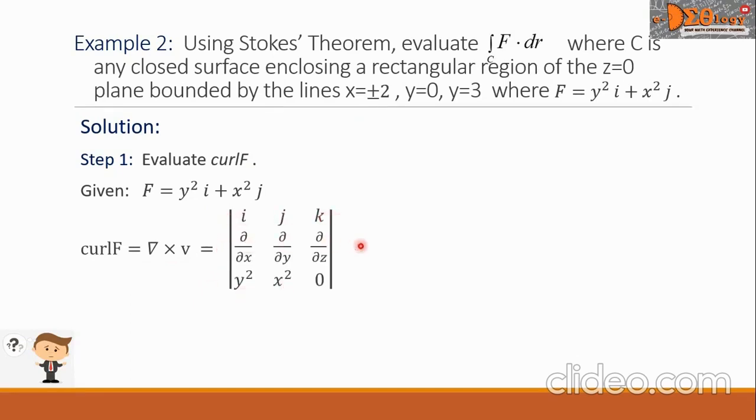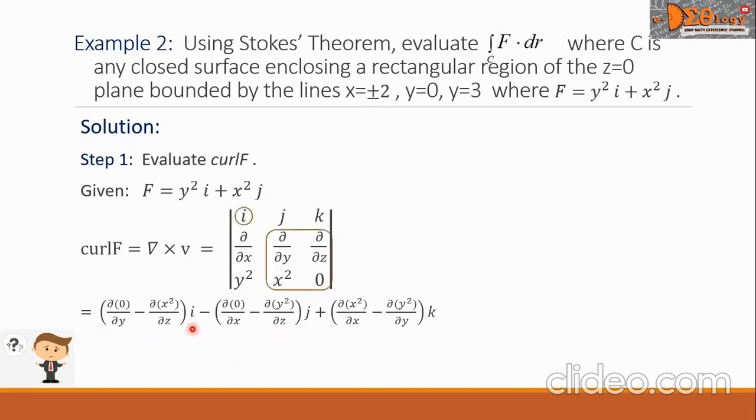Second row for the partial derivatives respectively. For the third row, we write the corresponding functions for i, j, k. So we write here y squared, x squared, and 0. Now, simplifying this using determinants, we have this expression.